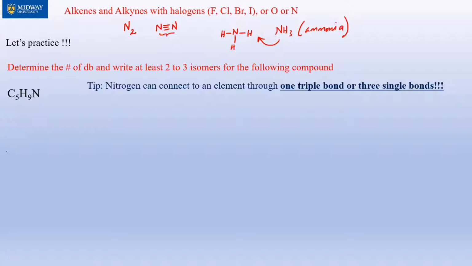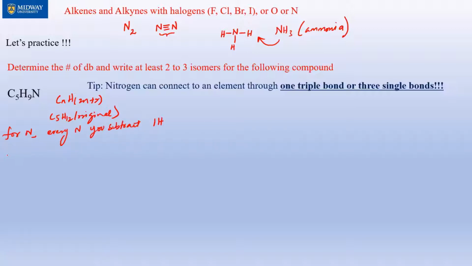As with the previous case, the calculation is very straightforward. First, you do the original, which is CnH2n plus 2. If you do that math, it'll be C5H12. So that's your original. And then for nitrogen, every nitrogen you take out one hydrogen. Every nitrogen you subtract one hydrogen.